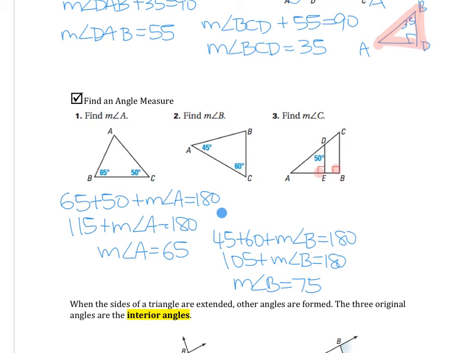I have right angles here. So I can find the measure of angle A. It's going to equal 90 minus 50 for the small triangle.